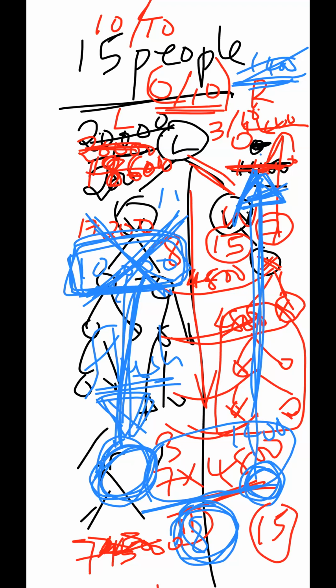Yeye ametengeneza pesa. Okay, yes, nitatengeneza 4,800 for the first 10 codes. Lakini imagine hizi points 700, nikimatch 10, those are only 14,000 points. So kumaanisha on the left side nitakuwa nimebakisha like 731,000 points. Nitakuwa nimebakisha 731,000 points on the left side.